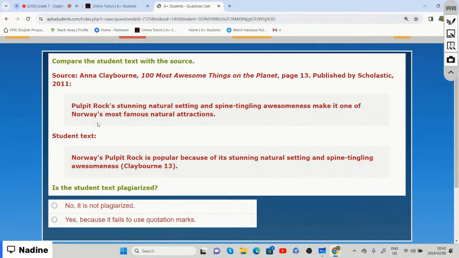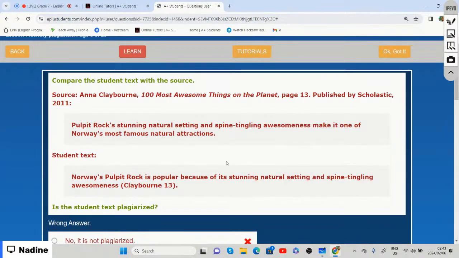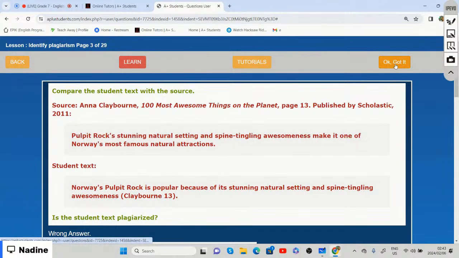And the student's text is Norway's Pulpit Rock is popular because of its stunning natural setting and spine-tingling awesomeness. Let's see, but this is not... Ah, so that is actually plagiarized.